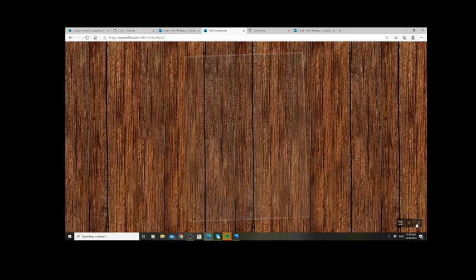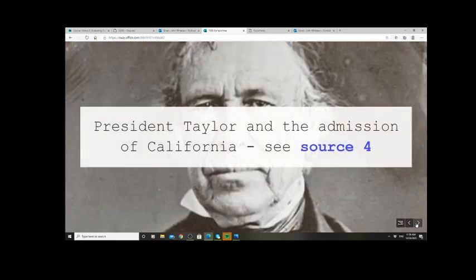So let's look at Taylor and what type of president he was going to be. As I mentioned, he was a Southerner, he did own slaves, but he was anti-slavery expansion. Again, quite similar to what we'll see with Abraham Lincoln. I just want to very quickly read a bit from Source 4, a classic book, Battle Cry of Freedom, by the historian James McPherson.